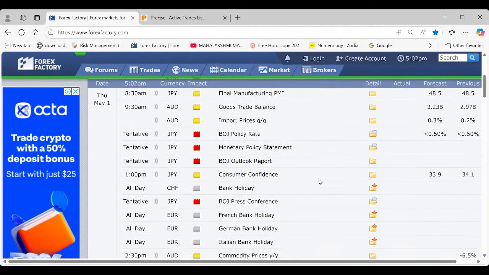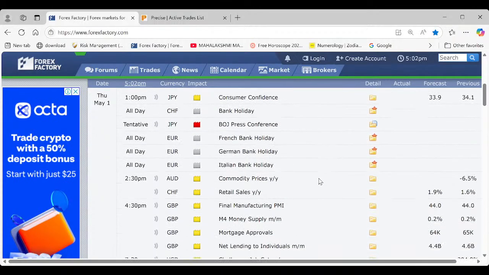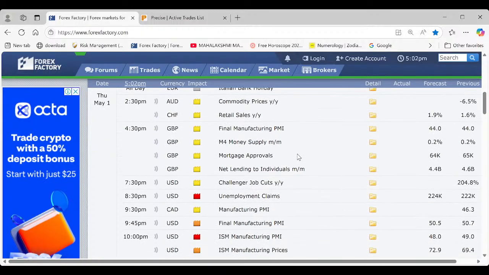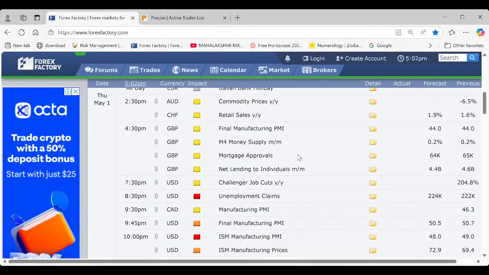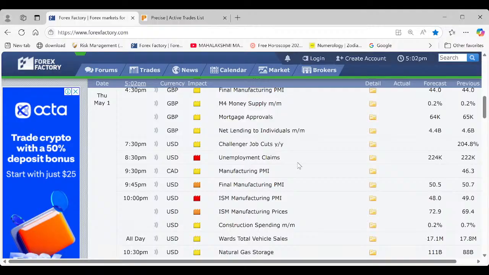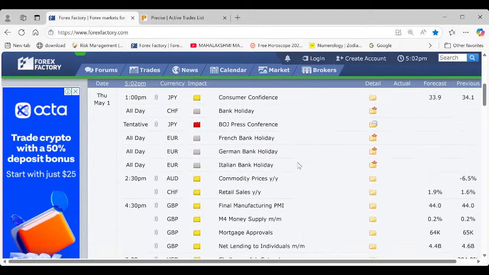China, Swiss, Euro, German, Italy are all on holiday. I think the UK is on, so UK and US are on. Tomorrow there will not be any evening session, and most likely it will be a night session. So tonight's night session will spend more time than tomorrow night. Tomorrow evening we don't have any session.